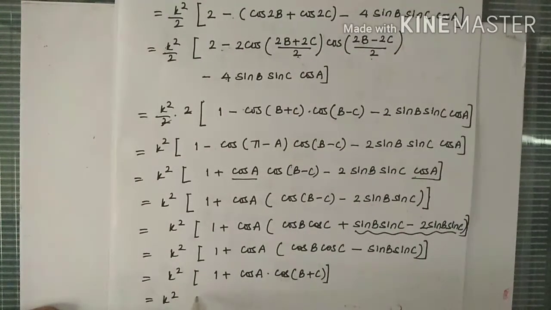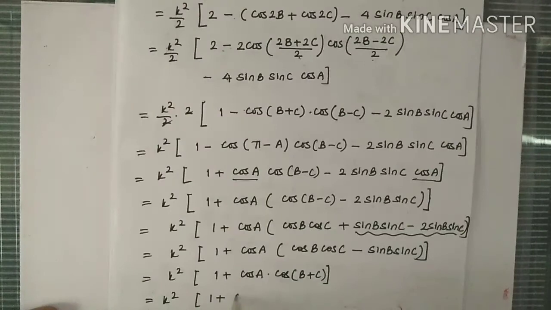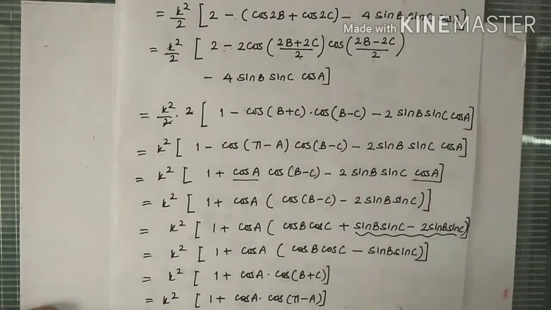But B plus C is pi minus A. So 1 plus cos A into cos of (pi minus A).